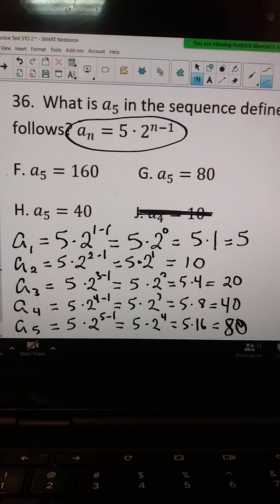So our answer is G, 8. The answer is G, 8.